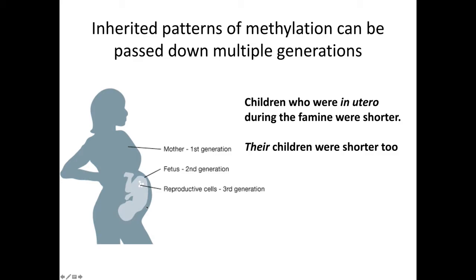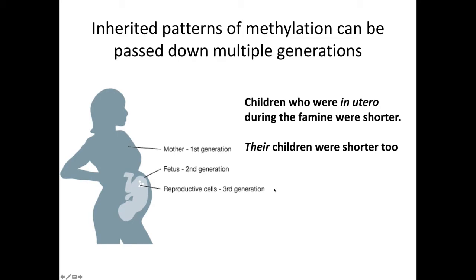But not only the child is exposed, the germline reproductive stem cells inside that child are also going to be experiencing that condition. So there are sort of three generations that can be affected, because the mother can be affected, the child can be affected, but the germline stem cells in the offspring also will be affected. And so this individual, through the effect of the environment, could potentially transmit that to the next generation.